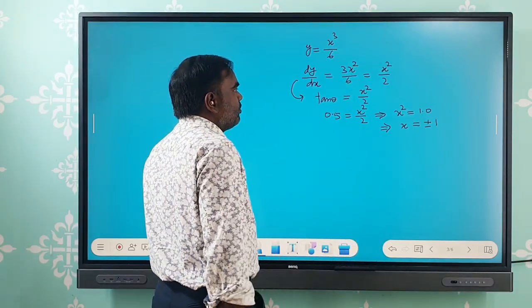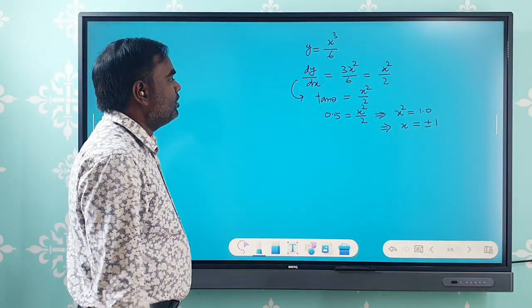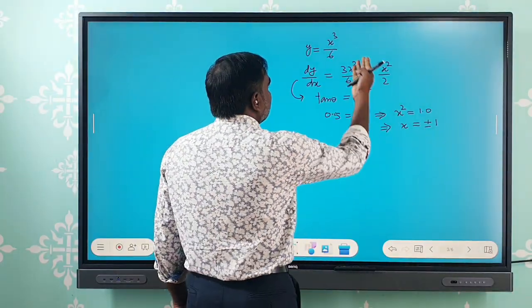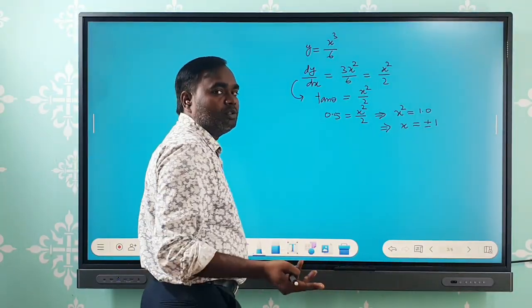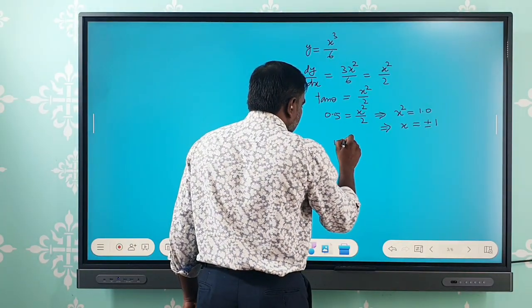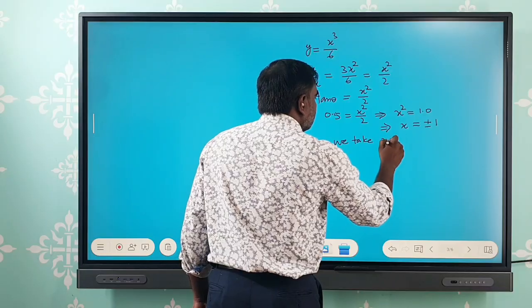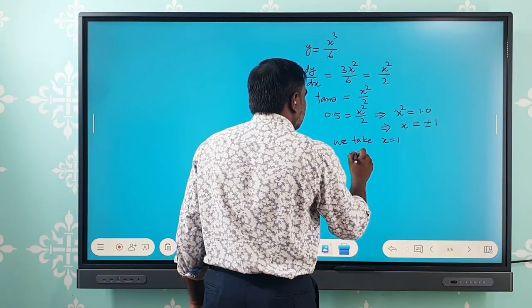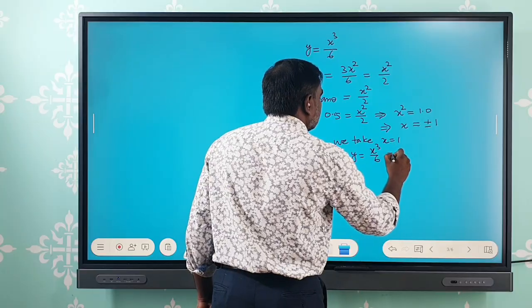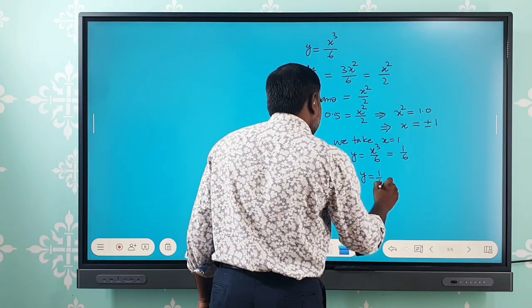So for y to be positive, we take x positive, because if you place the negative x value in this, y will be negative. The height should not be negative. Therefore we take x equal to 1. Therefore y is equal to x cube upon 6, that is 1 upon 6. So y is equal to 1 upon 6.